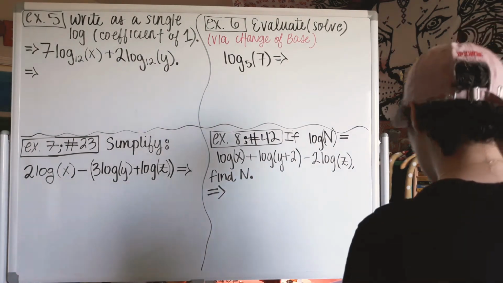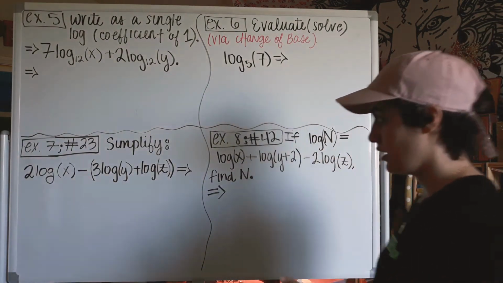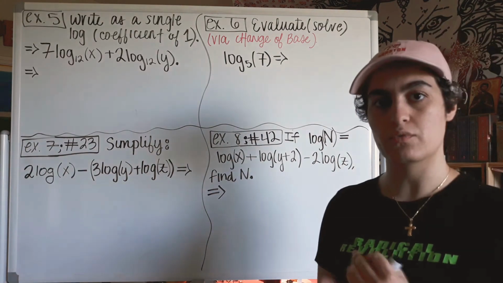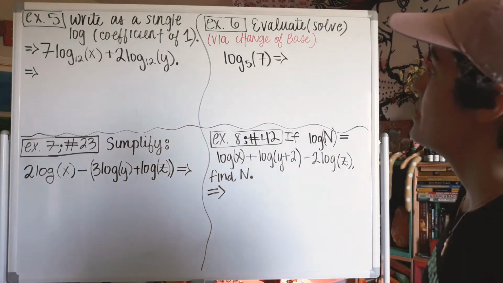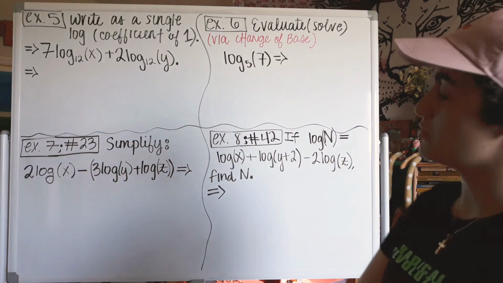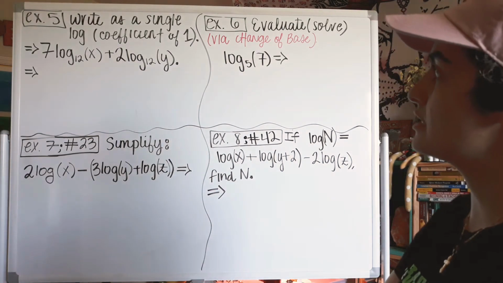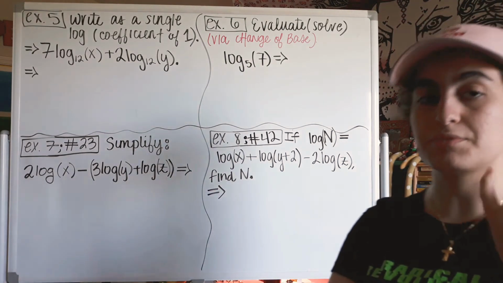4 more examples. These last 2 examples are actually pulled from the PDF that I posted. They're more of like the tougher ones. So example 5, write as a single log with a coefficient of 1. This is telling us a few things. This is telling us to simplify.